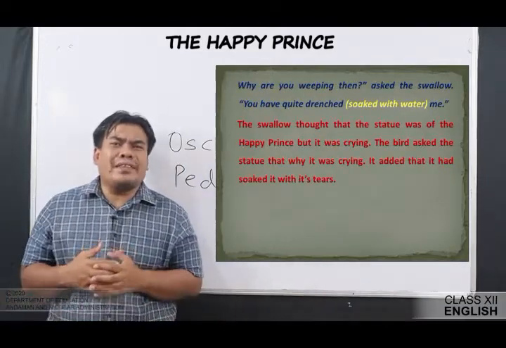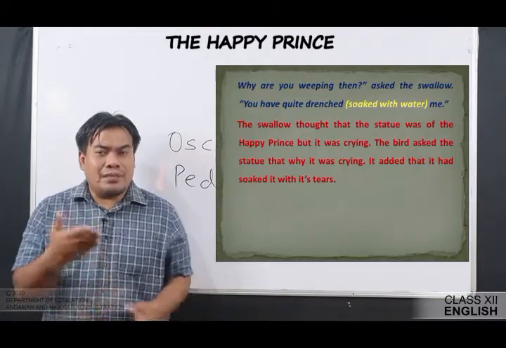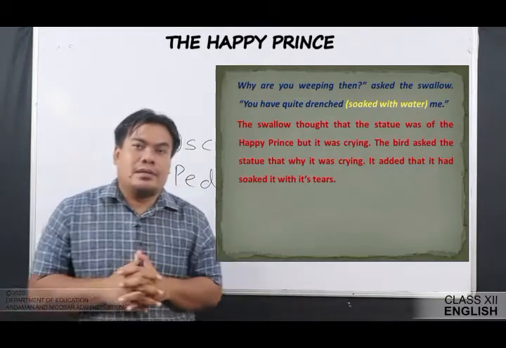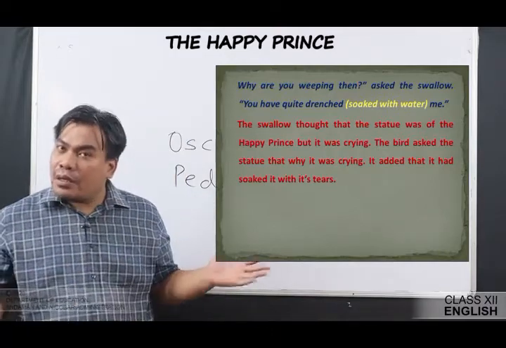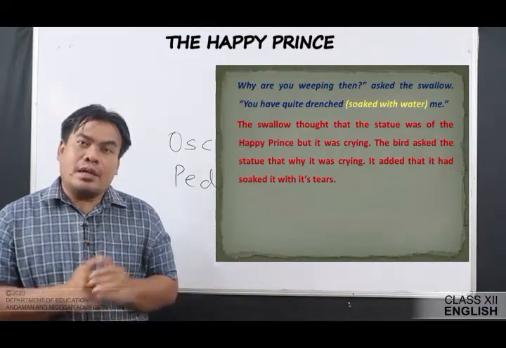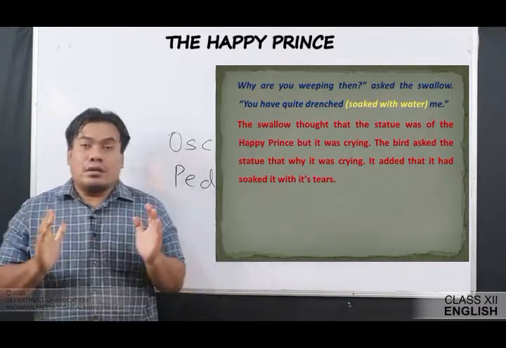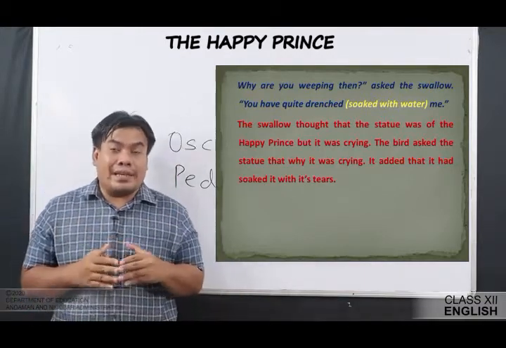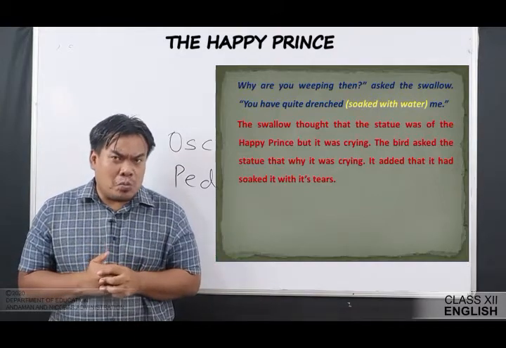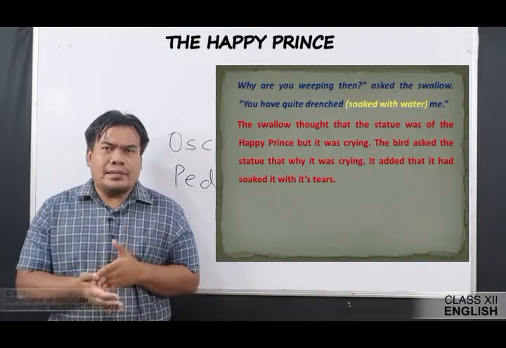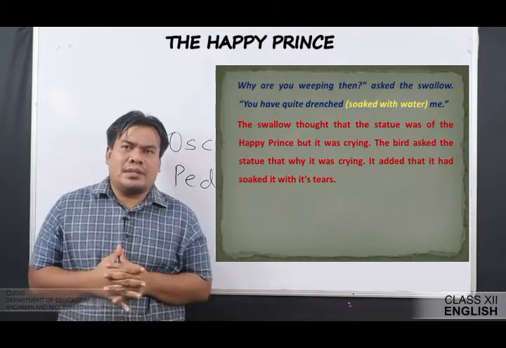"Why are you weeping then?" This is again the statement of the swallow. Here, weeping is actually crying. W-E-E-P, weep. It's a verb. Weep, wept, wept, weeping. So, why are you weeping then? He is asking. Who is asking? To whom?